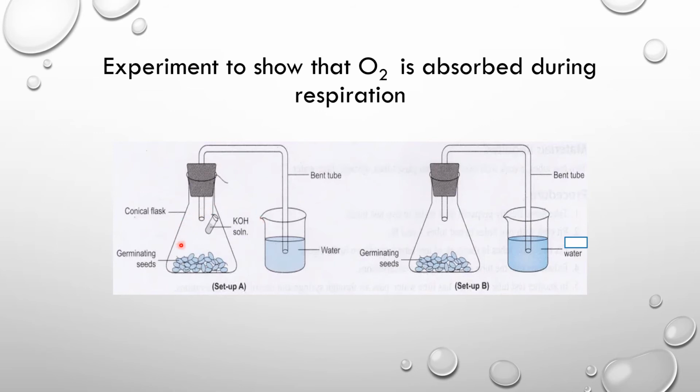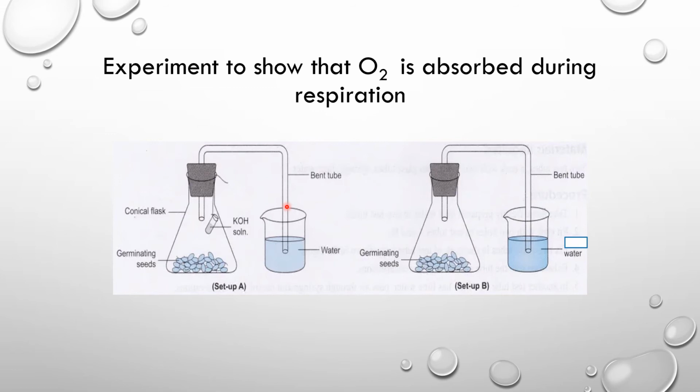So it creates a gap in the air in the conical flask, as oxygen is absorbed by the germinating seeds and the released carbon dioxide is absorbed by potassium hydroxide. So the air in this U-tube moves gradually into the conical flask. As the air moves into the conical flask, the water level in the U-tube rises up to fill the air gap.